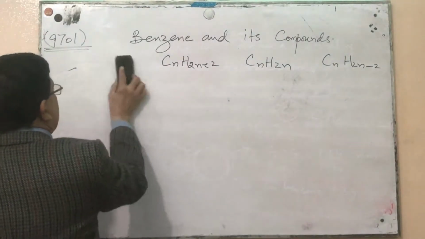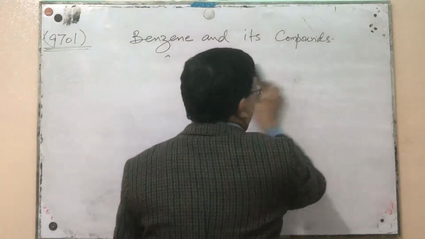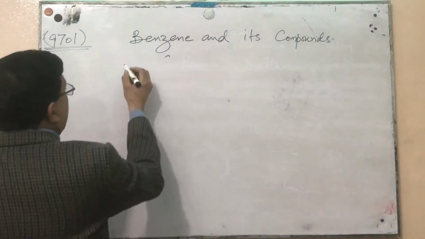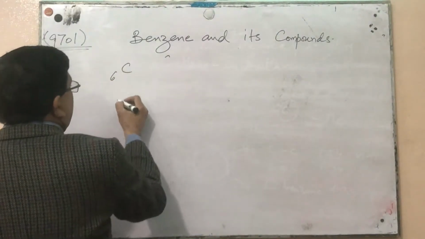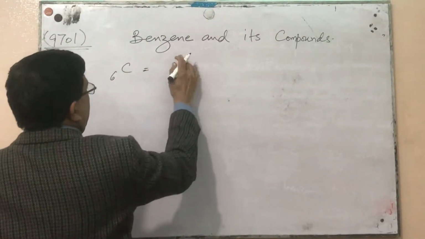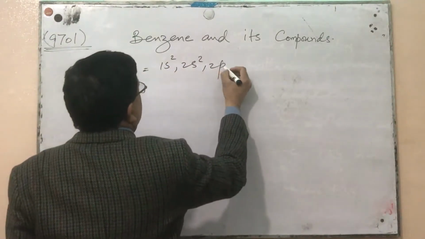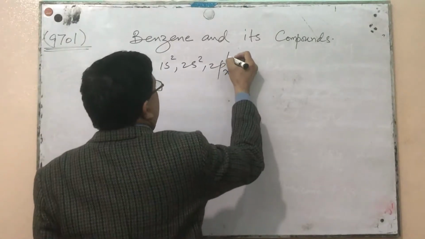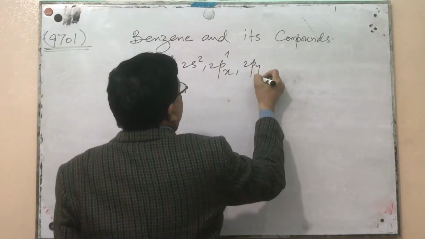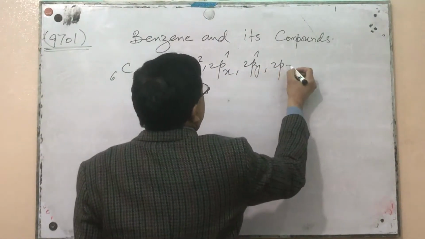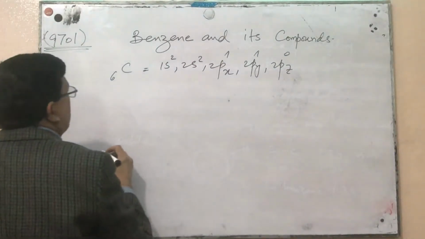the electronic configuration of carbon first. Carbon in its ground state has electronic configuration 1s2, 2s2, 2p_x1, 2p_y1 and 2p_z0.